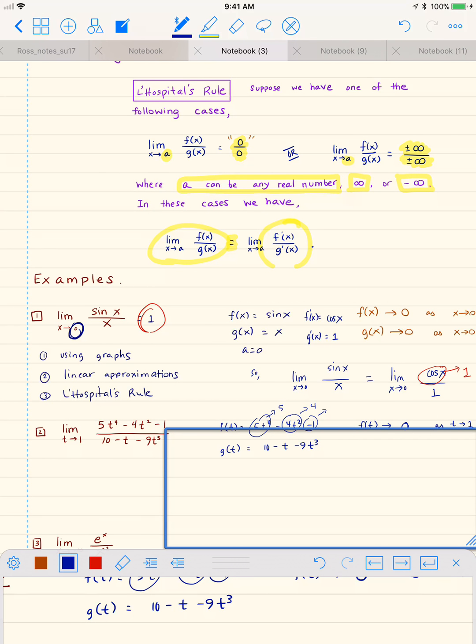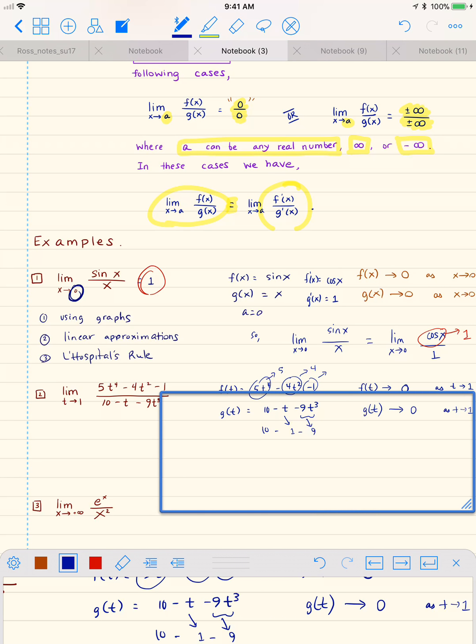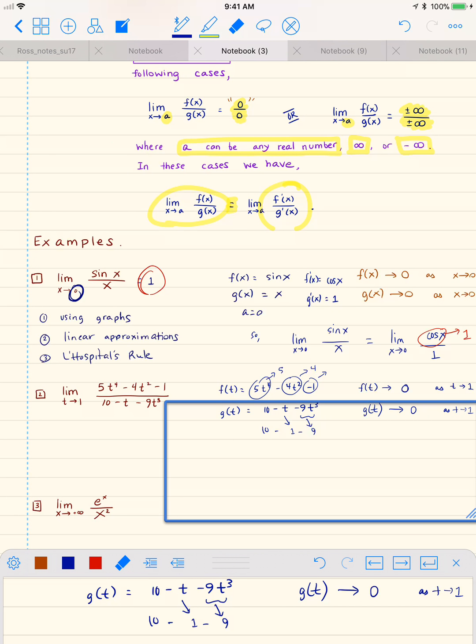And what about g of t? G of t, now as t goes to 1, this is going to go to 9. That's going to go to 1. So we'll have 10 minus 1 minus 9. G of t goes to 0 as t goes to 1. So what do we need to do? We need to look at f prime and g prime, right?